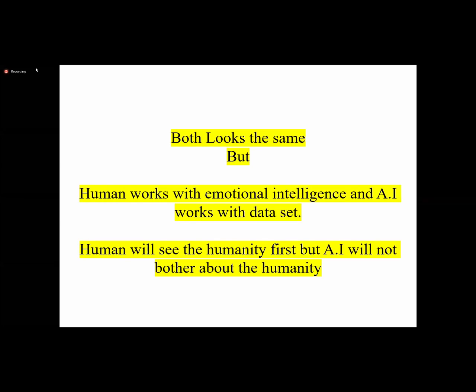The human will see humanity first, because we always care about our loved ones and give the best care to our nearest persons. But AI will not bother about humanity because it is basically a machine. It will give you the result based on which kind of data we feed, and we get the result as well.